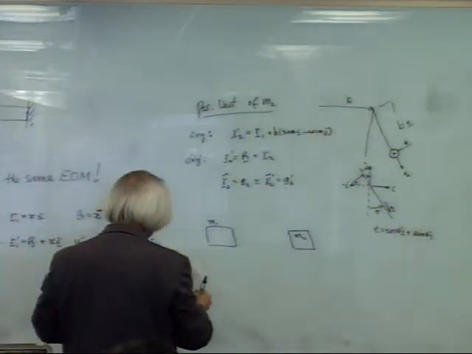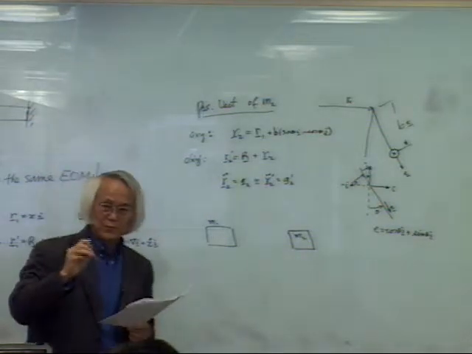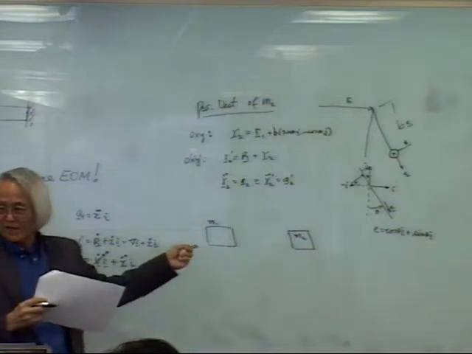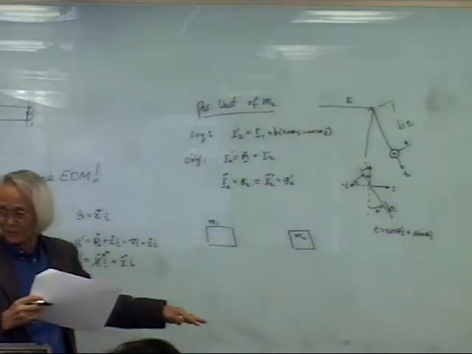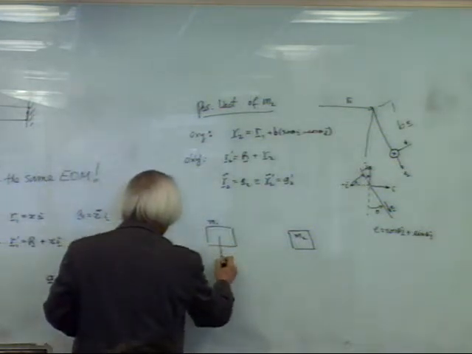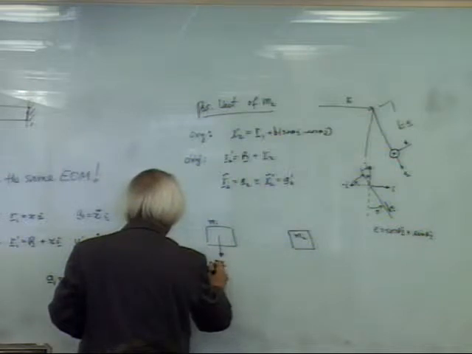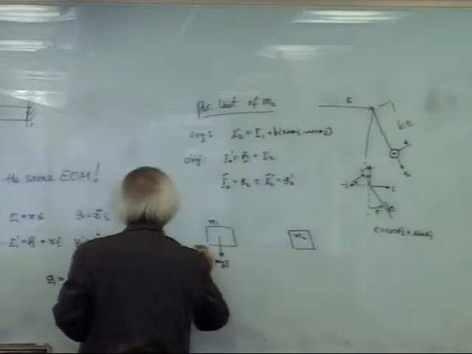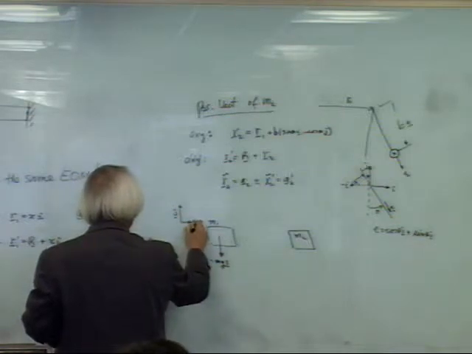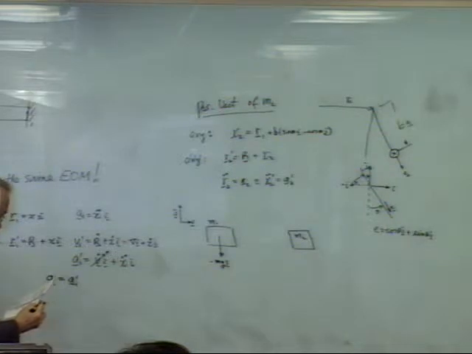So in mass 1, first of all, we start with something very easy to identify. This guy has a weight because it's in the gravity field, right? So the weight is downward, that's mg, minus j, because j is this way and i is that way, the unit vector. Okay? Got that.